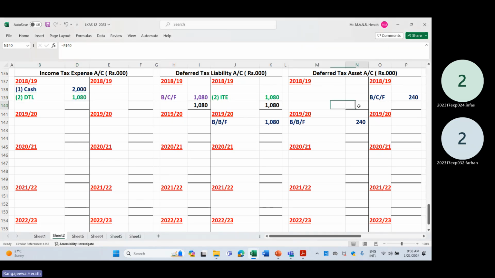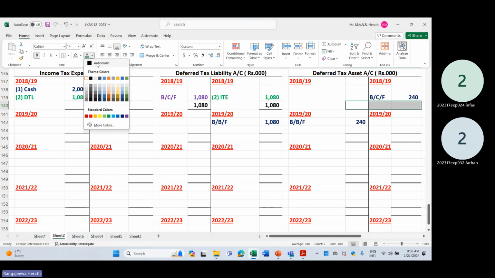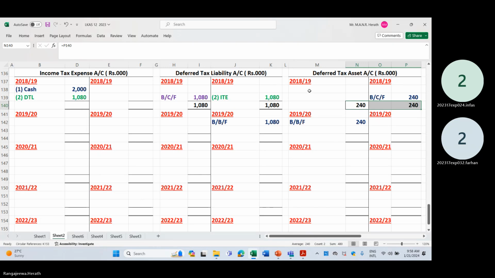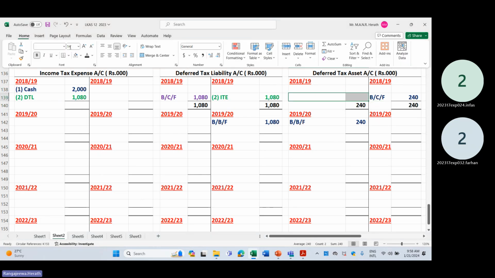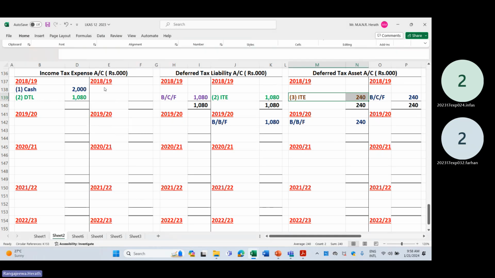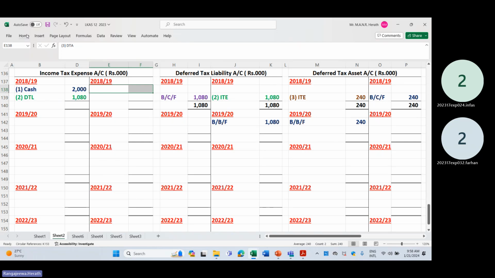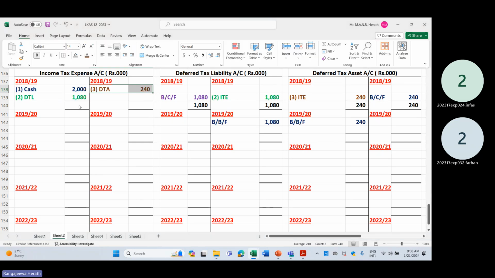The deferred tax asset, no opening balance, end of the first year, it increased to 240. So there is a deferred tax asset creation by 240. Debit deferred tax asset, credit income tax expense.